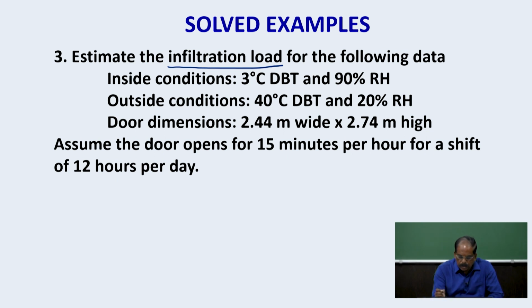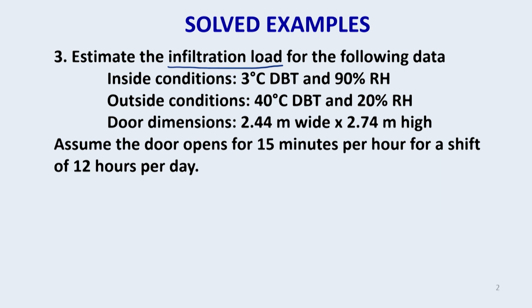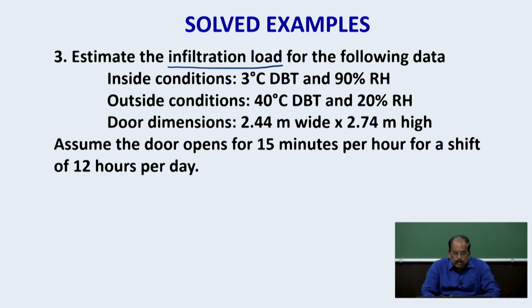The inside design conditions are 3 degrees centigrade dry bulb temperature and 90% RH. Outside condition is 40 degrees centigrade dry bulb and 20% RH. The width of the door and the height of the door are 2.44 meter and 2.74 meter respectively. Assume the door opens for 15 minutes per hour for a shift of 12 hours per day.